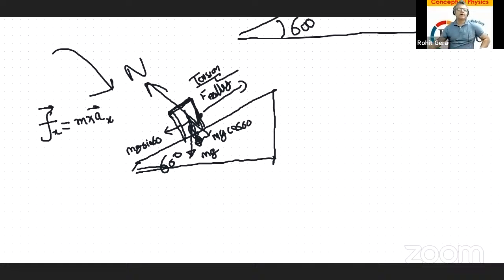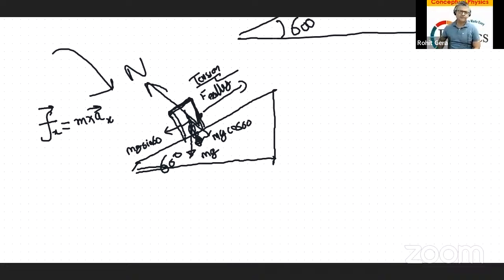You're writing everything along the ramp. So therefore, write the equation along the ramp. And you can assume the direction yourself. You don't know whether this is going up or down. Assume it is going in a particular direction.